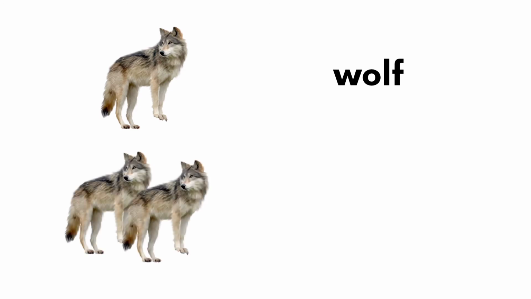Now, what do we call it if we have more than one wolf? This is a bit tricky, but I know you can do it. What do we call it? We call it wolves. We add ES and change the F into V. That's right, wolves. Wolves.